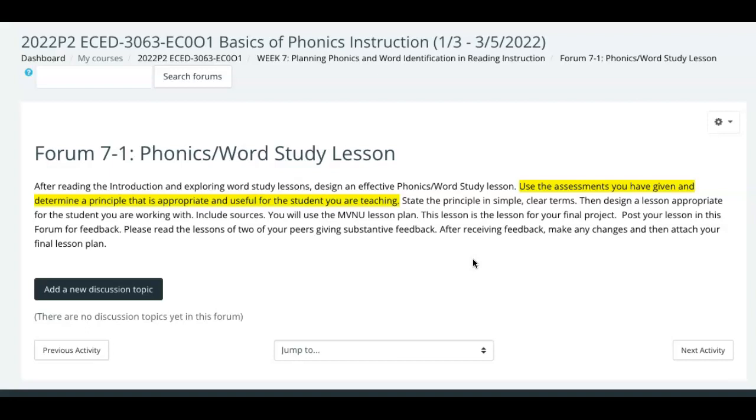Then you're going to design a lesson appropriate for your student that you're working with. Yes, I want you to include sources. You're going to use the MVNU lesson plan, and this lesson is going to be submitted with your analysis paper on Moodle and Chalk and Wire.